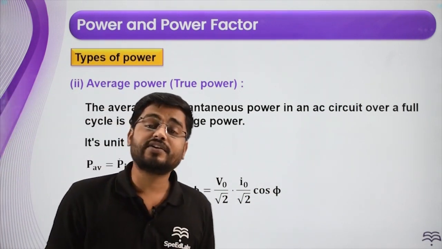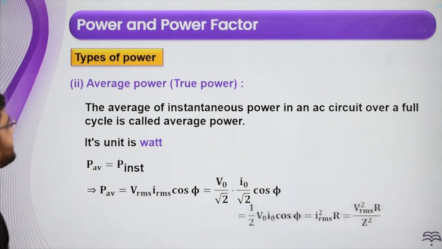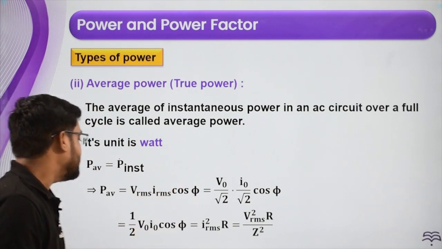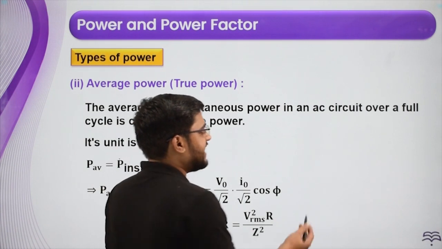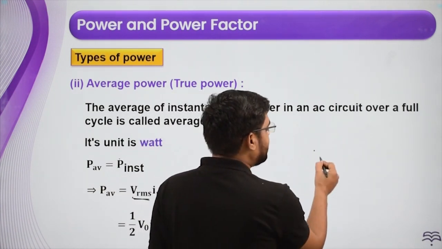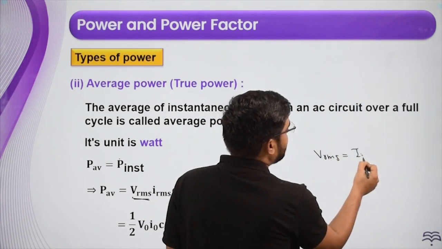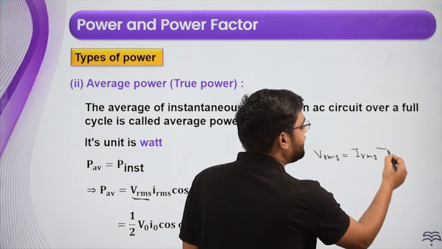Why are we calling it true power? Because there is an apparent power as well. So this is the next. Here there are some other forms as well. So this VRMS can be written as, we have already discussed what is Z. Instead of V is equal to IR, for an AC circuit we write VRMS is equal to IRMS, and instead of R we use Z, the impedance.